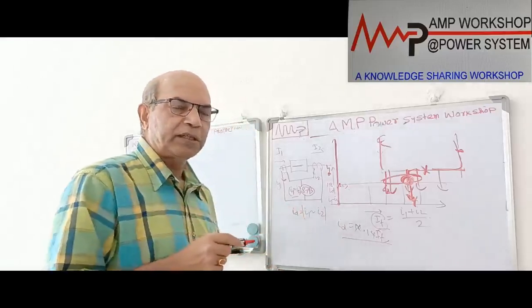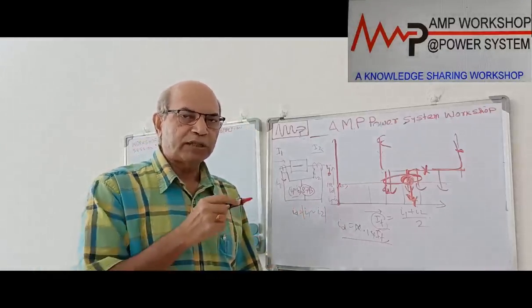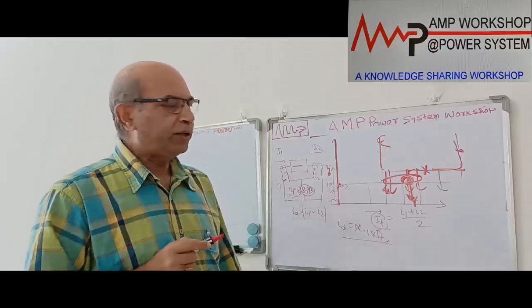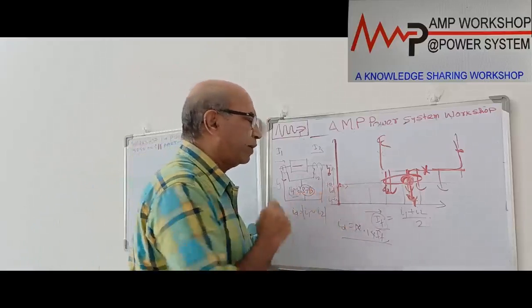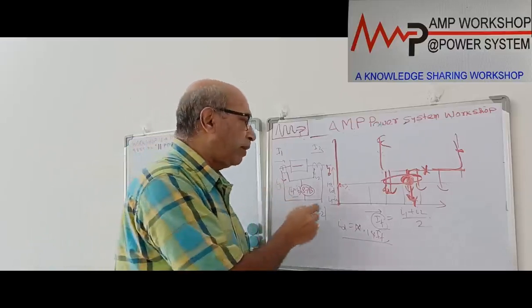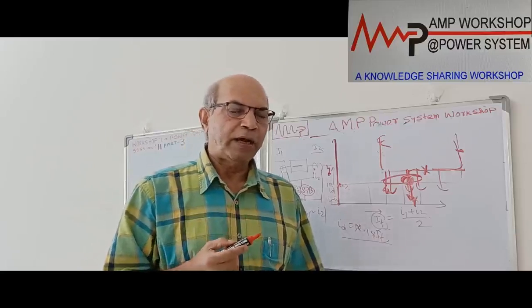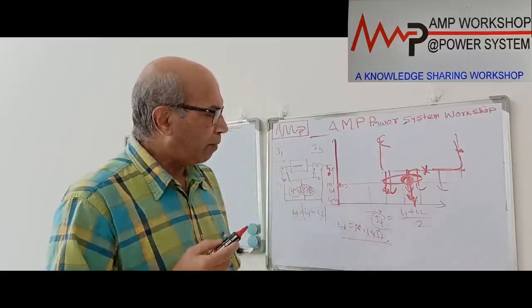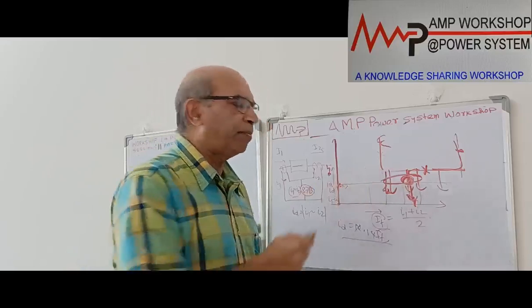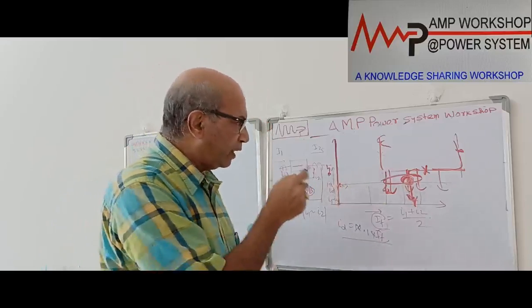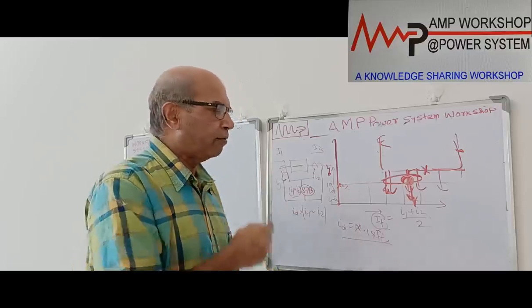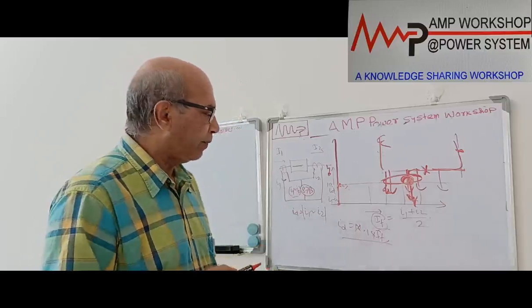Automatically the differential scheme, in which we joined all the CTs together, will give a differential current. Immediately this relay will operate for external faults. So this 87B conventional circulating current principle low impedance relay is vulnerable and it is not very reliable. It can operate at any instant if this type of situation takes place. So this is the disadvantage of this normal circulating current principle low impedance relay.